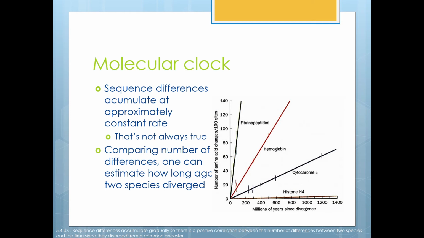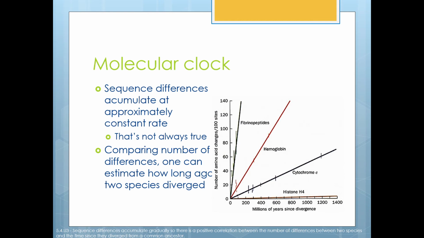Of course, not because mutations hit them less frequently, but because if they are hit by the mutation, they are destroyed so much that the organism wouldn't exist, so it will not pass the mutation to the next generation, right? So such a mutation in a histone has almost no chance to be passed to the next generation. And due to that, the overall rate of mutation in histone is very slow.